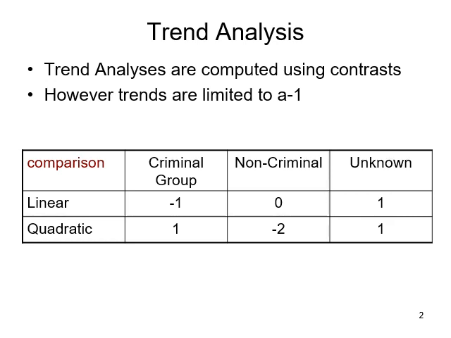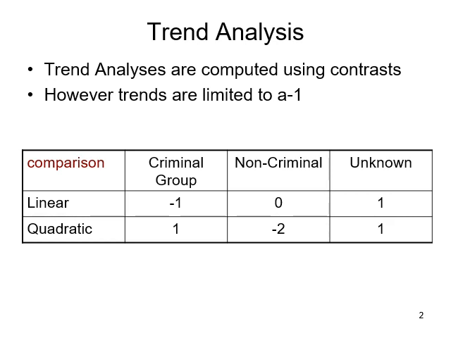The number of trends we can look at is limited to a minus 1, which is basically the number of conditions minus 1. So for example, in this case, we could look at both a linear and a quadratic term. Now the first thing that we need to do is to create a contrast. We need to choose some numbers.